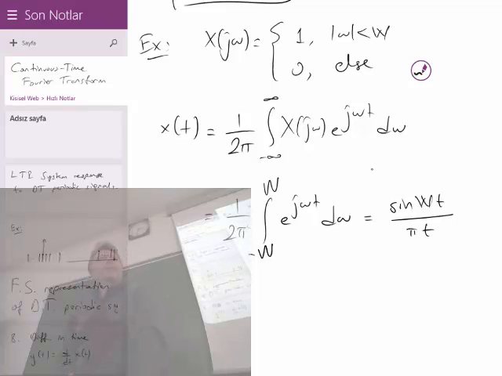Like this. On the time axis, t-axis, it is sine wt over t within some scales. You have to just check what happens at t is equal to 0, what is the value at t is equal to 0, first, step number 1. When I say plot it, you have to tell me what is the peak of that sinc, what's the peak value, and where are the zero crossings.